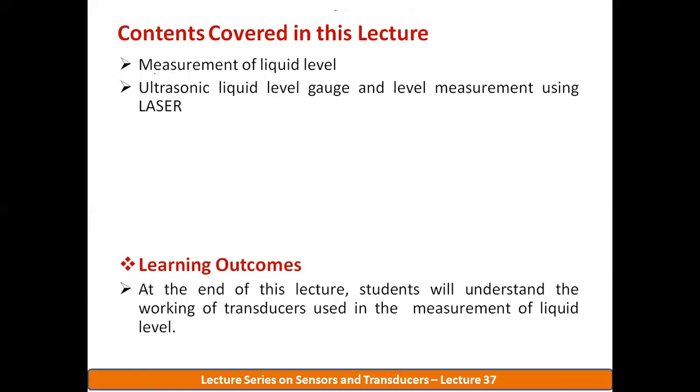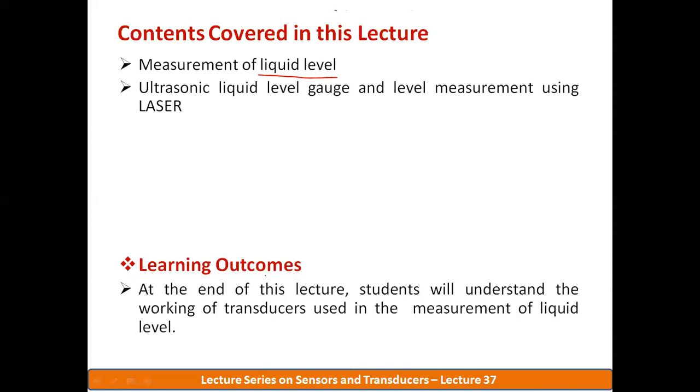So in today's lecture, we will be studying the measurement of liquid level. Here we mainly come across two types of transducers used to measure liquid level. One is the ultrasonic liquid level gauge and another one is a level measuring transducer which uses a laser beam.